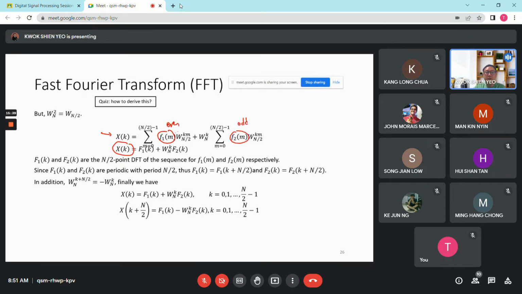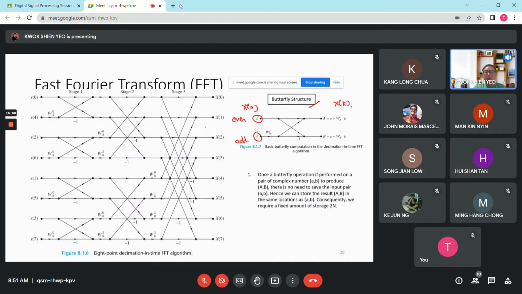The even entry will do a normal DFT. The odd entry will also do a normal DFT. But after you finish the DFT, you have to multiply with a factor of W n power of k. With this in mind, this butterfly is also the same.